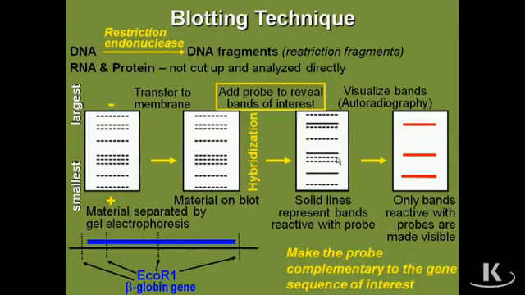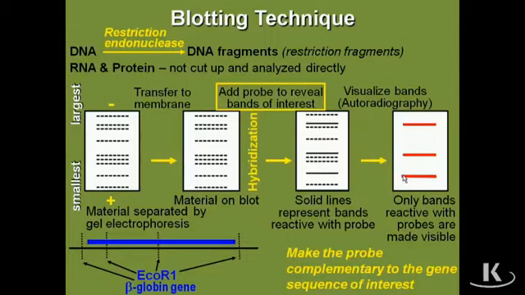You could see that, of course, the largest fragment here would correspond to this large fragment down here. The medium-sized fragment would correspond to the medium-sized fragment right here. And finally, the small fragment that migrated the most quickly through your electrophoretic field is going to correspond to this small fragment.